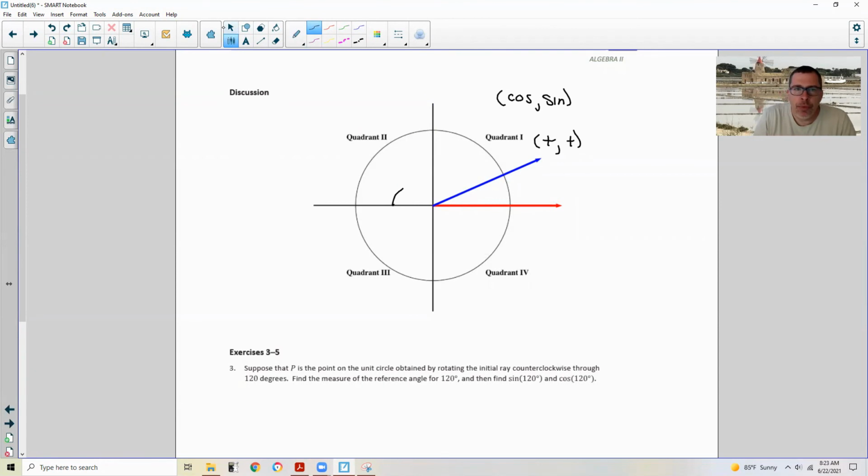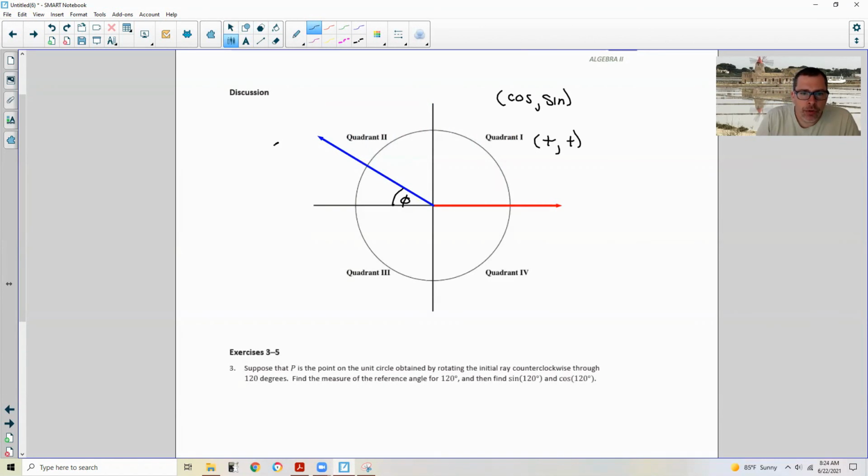Now, if I move my terminal ray around counterclockwise until I get to, say, here, then this angle we are going to call phi. So the reference angle is always the angle formed between the terminal ray and the x-axis. Hopefully that makes sense to you.